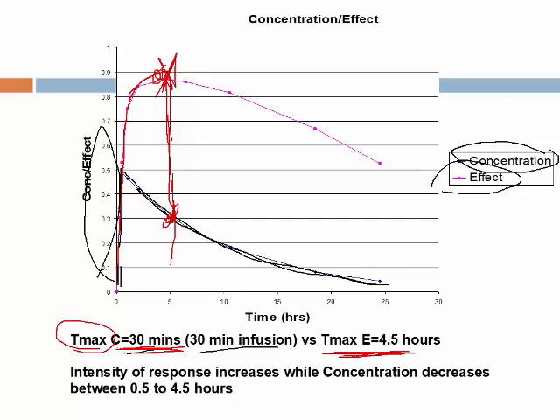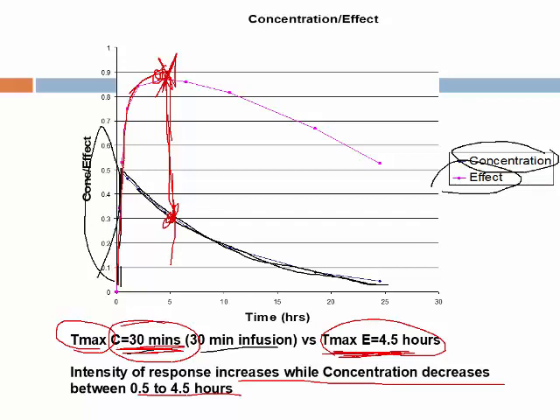So we have a lag because the maximum concentration occurred at 30 minutes and the maximum effect 4 hours later. So the intensity of the response increases while concentration decreases between half an hour and 4.5 hours. While the concentration fell for 4 more hours, the effect continued to rise.